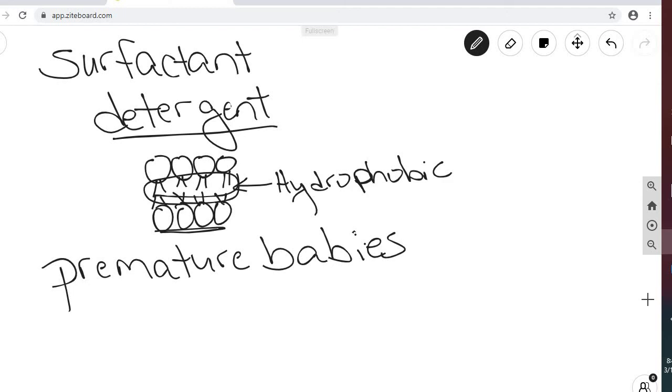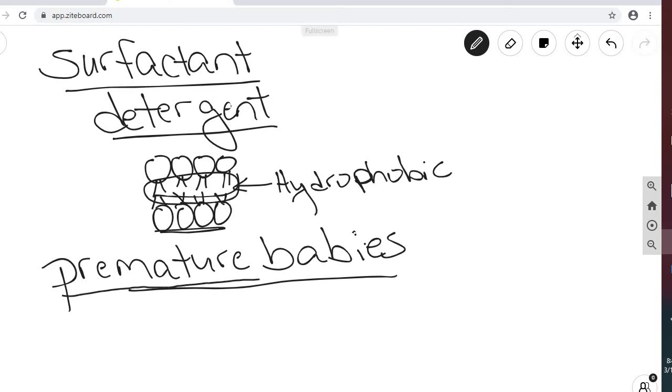So if a baby is born prematurely, they don't have this surfactant that allows them to easily inflate their lungs. So it can be treated. They can give them a surfactant injection into the body, or they can give cortisol, because cortisol will stimulate the production of surfactant.